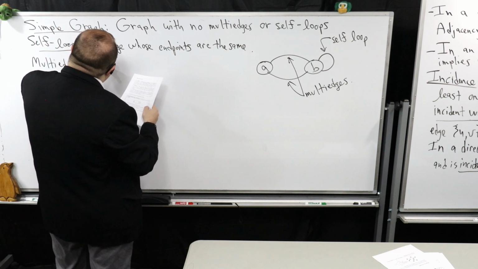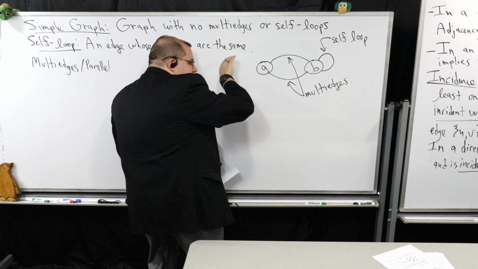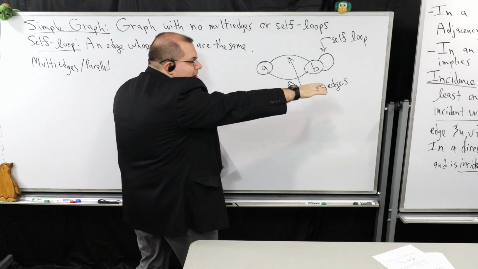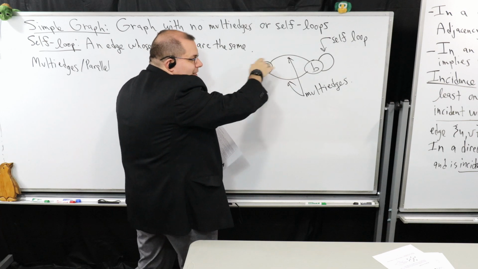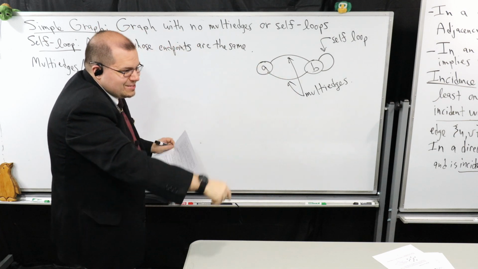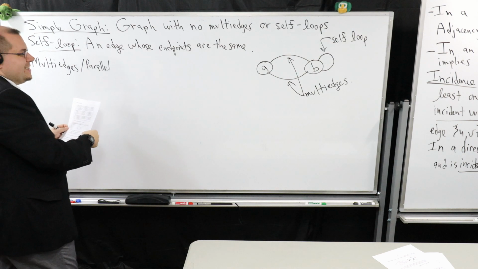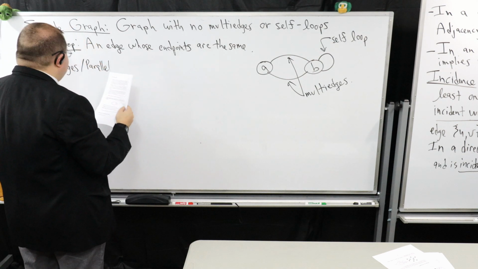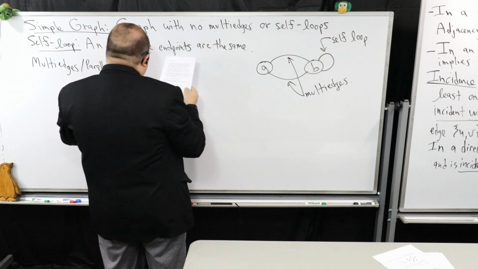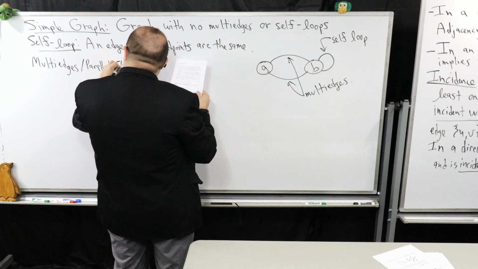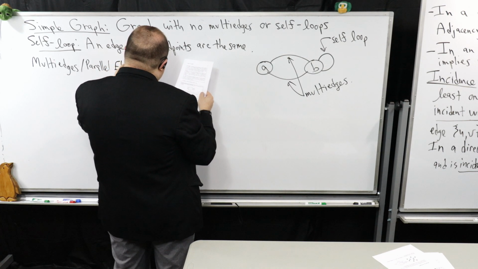The reason why I call them parallel is that they have the same endpoints, but I can stack them, I can have as many as I like. You can think of them like a bunch of straight lines, like lines that are parallel. I just drew them that way because it makes it more fun. I must stress that the way I draw these doesn't really matter too much, at least in the context we're using them.